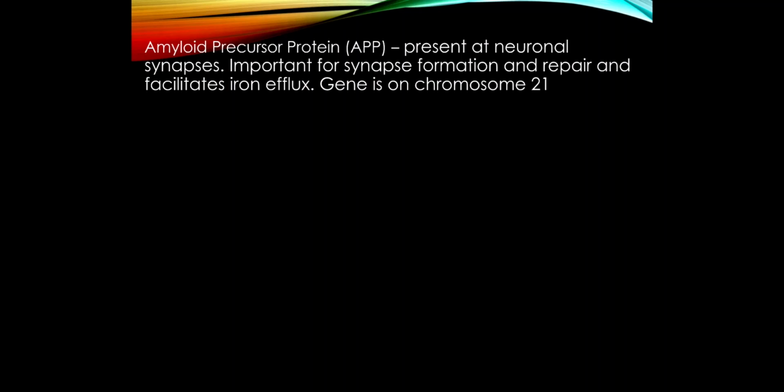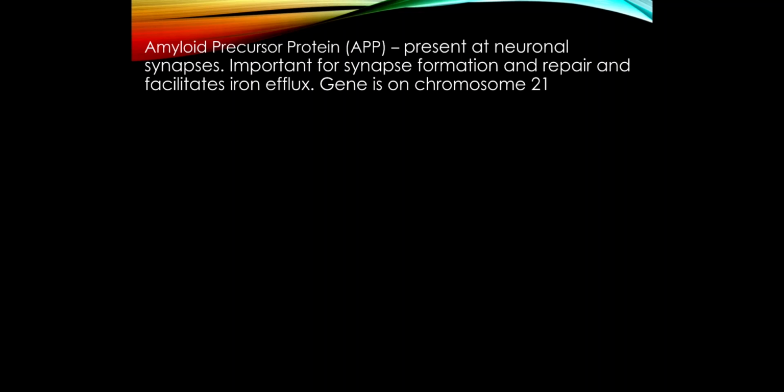So let's start with the amyloid precursor protein. And it's important that you recognize that this is good, healthy. We all have and need amyloid precursor protein, which is very important for the development and stabilization of normal neuronal synapses. So it's important for formation and repair at the synapses.